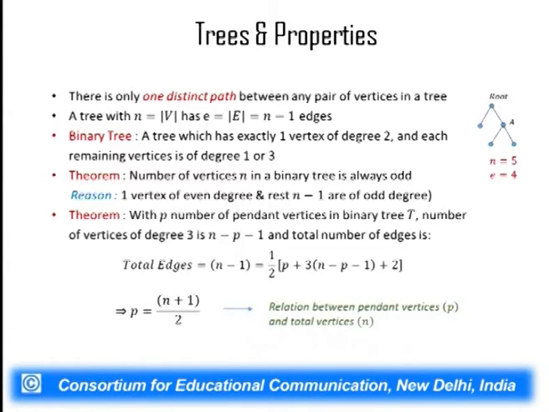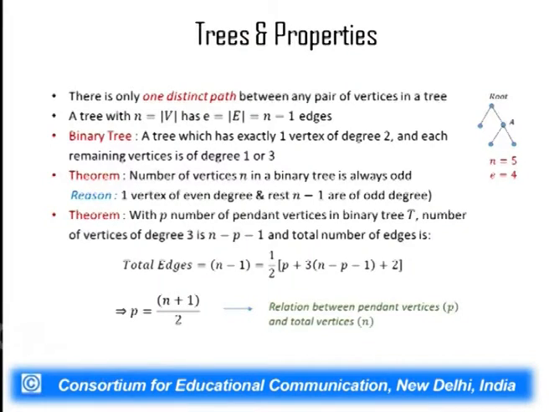Now, a binary tree specifically has some properties. It says that a tree which has exactly one vertex of degree 2, that is the root, and each remaining vertex is either of degree 1 or degree 3. So let's see whether this graph conforms to that property or not.